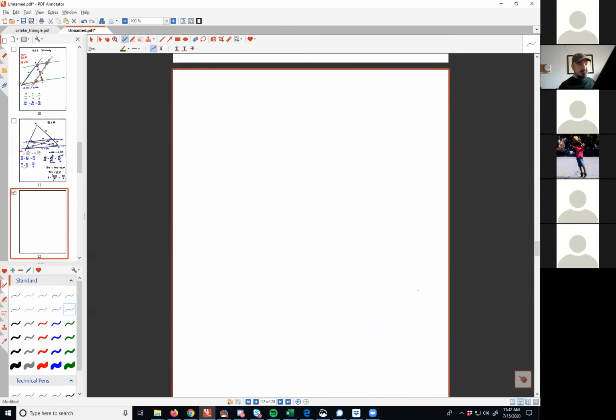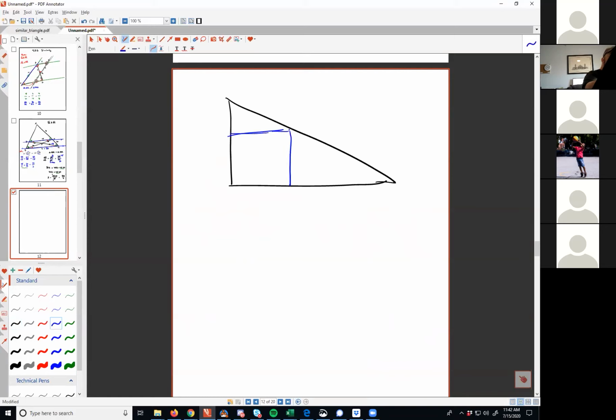Let's see. Here we're going to have a right triangle, and we're going to embed a square. The biggest square that we can fit that shares the right angle with the triangle.